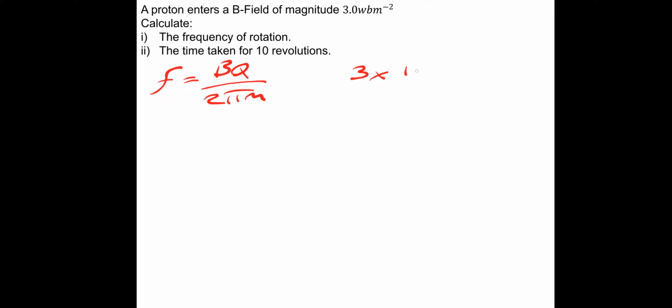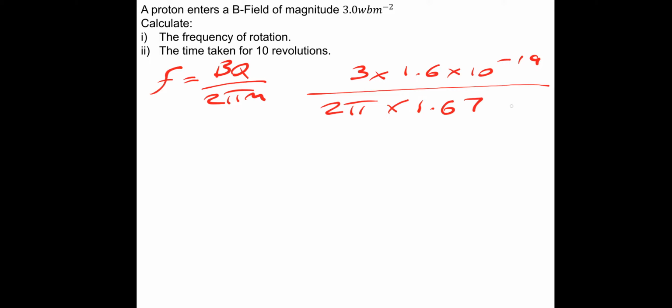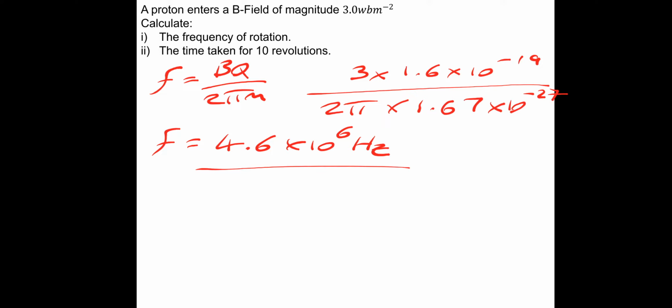The charge of a proton is the same as an electron, 1.6 times 10 to the minus 19 coulombs, divided by 2 pi multiplied by the mass of a proton, 1.67 times 10 to the minus 27. So that gives the frequency, which is 4.6 times 10 to the 6 hertz. That means there will be 4.6 times 10 to the 6 revolutions per second.